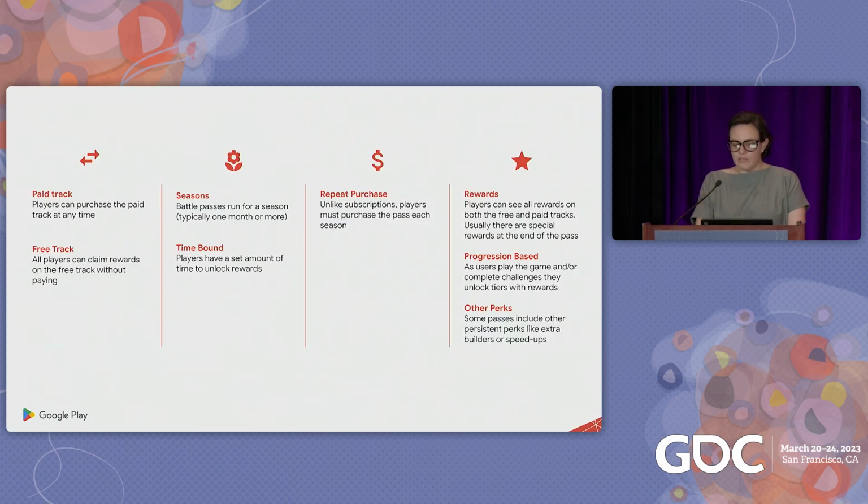As we think about battle passes, some of the key considerations, and I'm not going to read this, but these are the primary ways of structuring a battle pass that we have seen. But some of the key things that we have seen worked well for games that adopt battle passes are a couple of things.